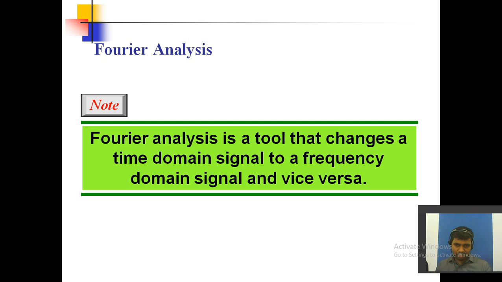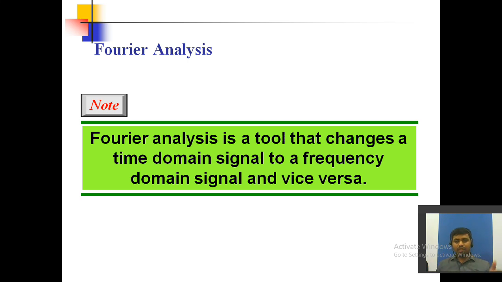Here Fourier analysis is also doing the same thing. First of all, Fourier analysis is a tool. By using this tool, we can change the time domain signal to frequency domain signal.